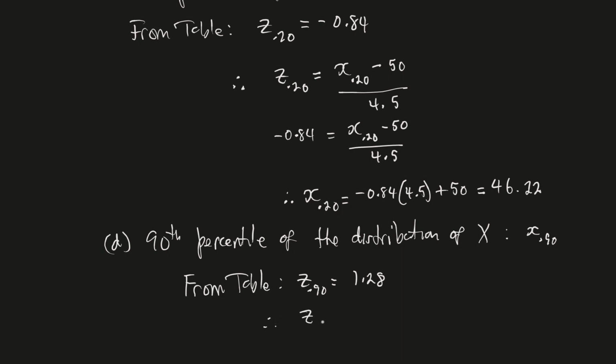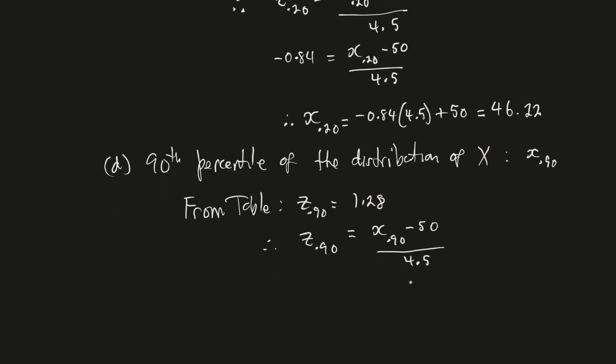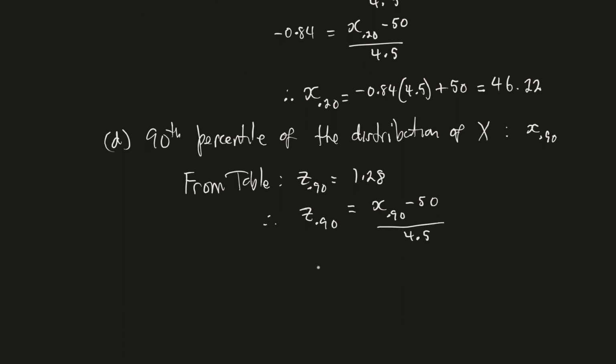And then, let's use our little trick. Therefore, the 90th percentile of our standard normal distribution is the 90th percentile of our not so standard normal distribution, or x distribution, minus the 50, divided by the 4.5. And then we unstandardize.